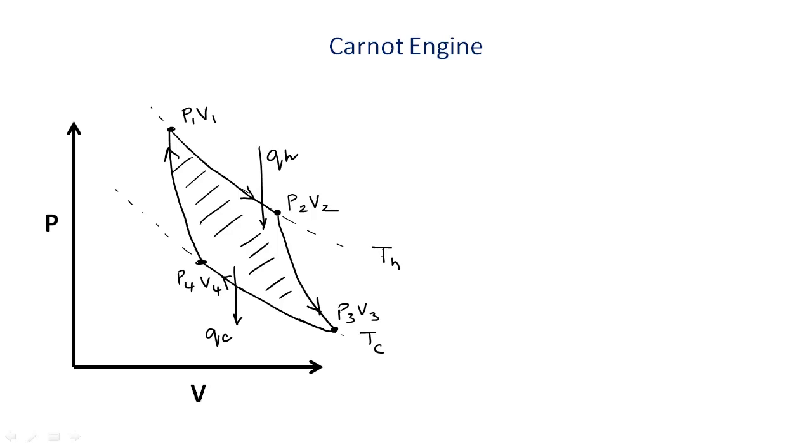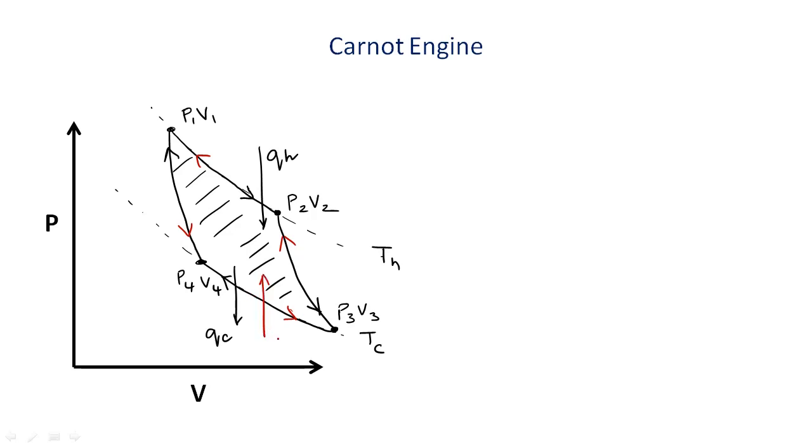The second point is that the Carnot cycle is reversible. If the Carnot cycle is run backwards, as I will denote by the red arrows, then in effect heat is transferred from a cold to a hot body by doing work.